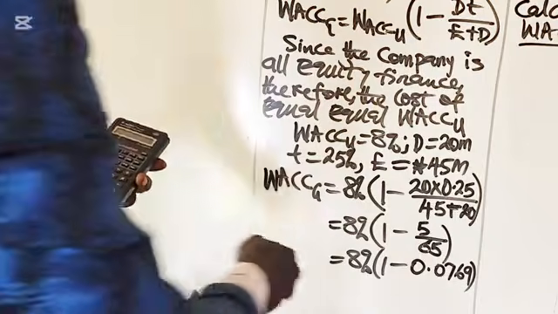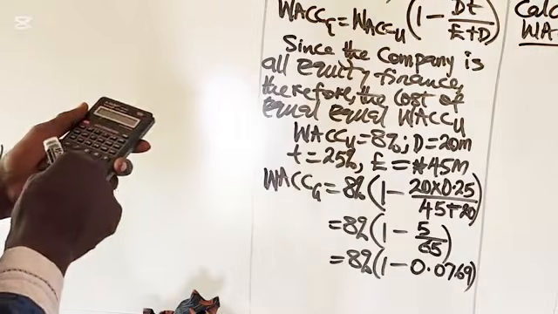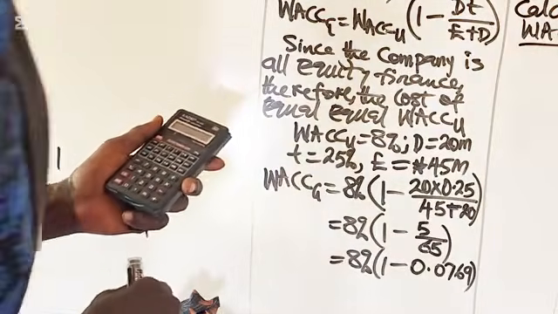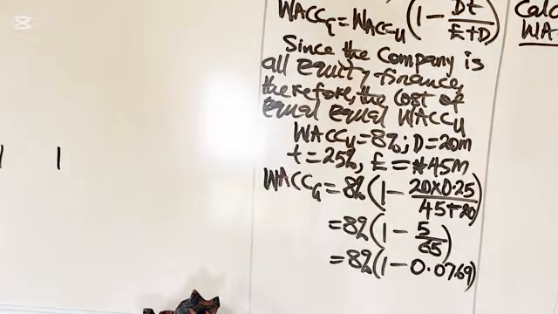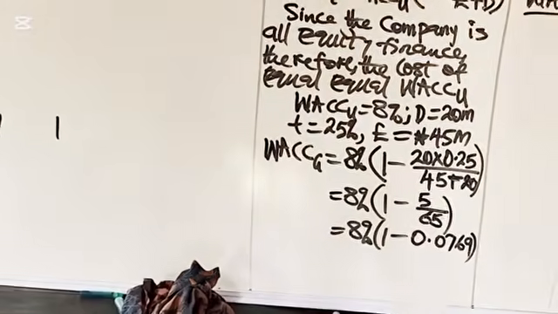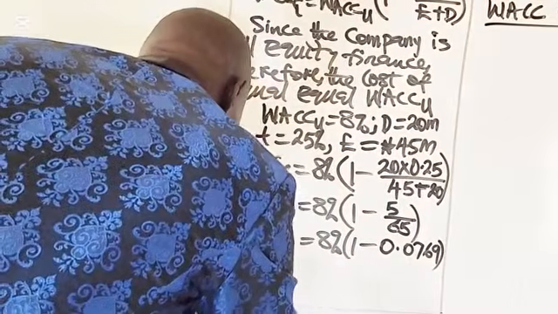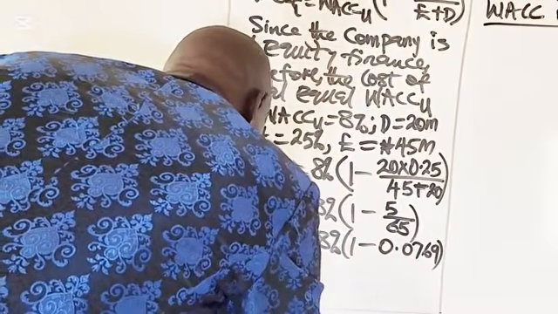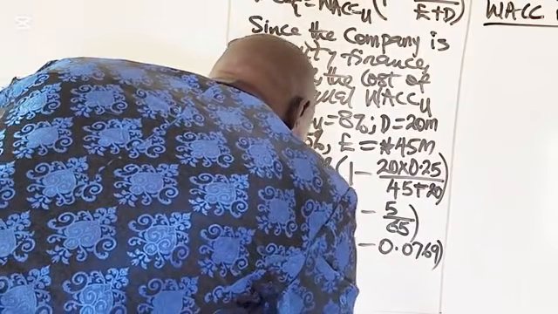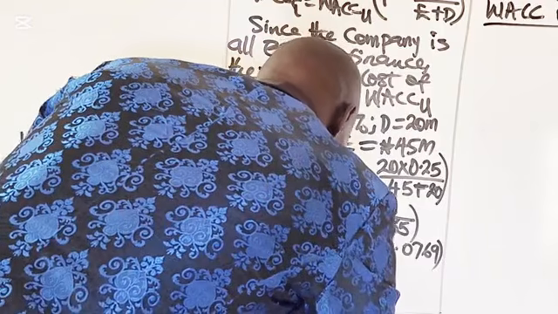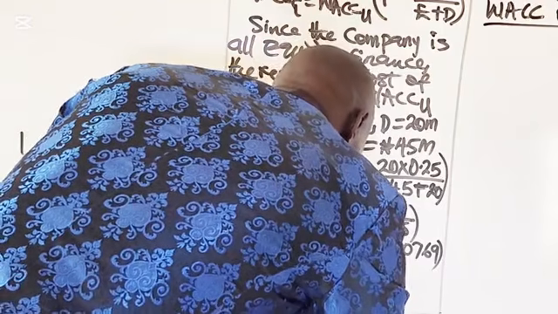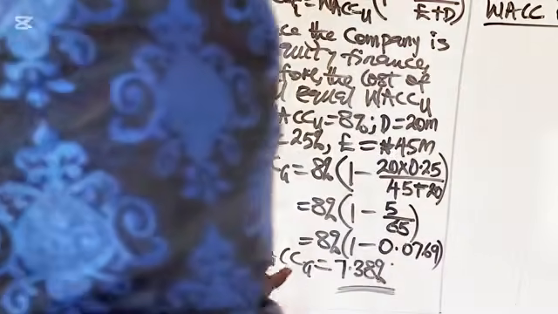So multiply by 8%. So we have 7.38%. Therefore, WACC of a geared company equal to 7.38%. So this is the solution to example 1.